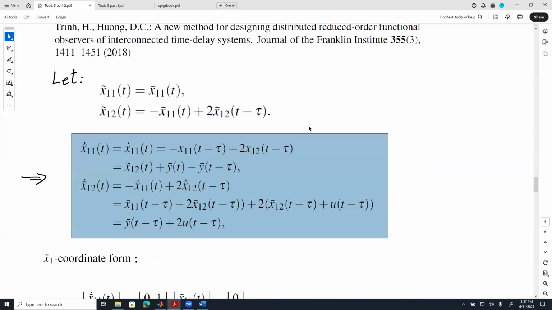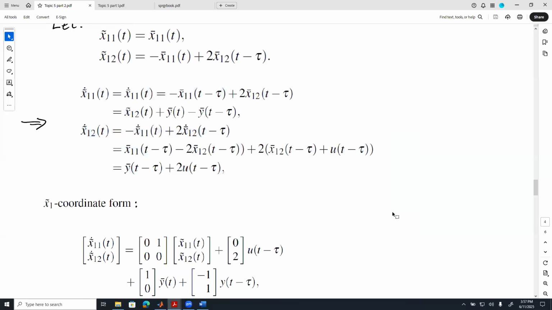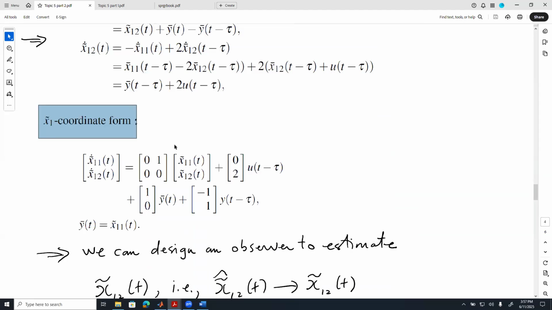We can substitute something in, and then the key is we are able to transform it into a new coordinate. In this new coordinate, the good thing is that all the delay in the stack vector disappears. We don't have any delay in the stack vector equation anymore. And not only that, this matrix and this C matrix here, the pair is observable.